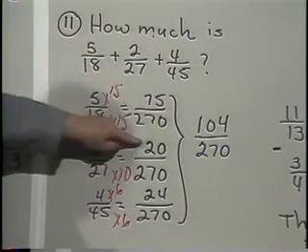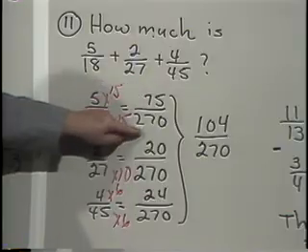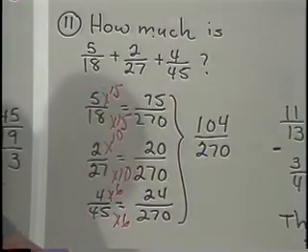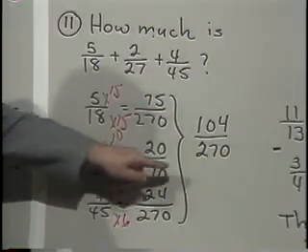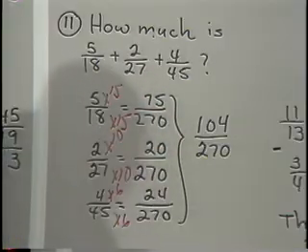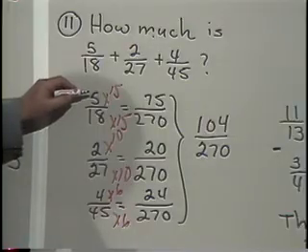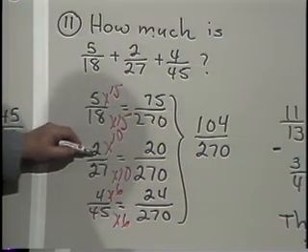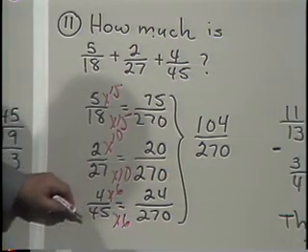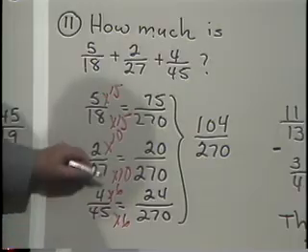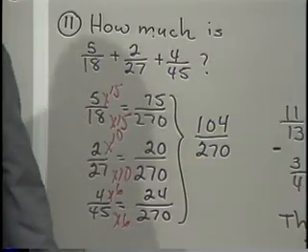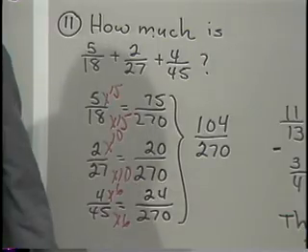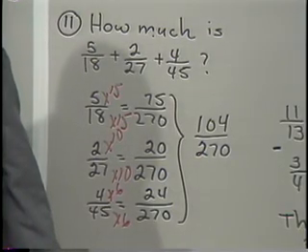Now you add the numerators, 75, 20, and 24 is 104. The common denominator is 270. So in other words, if somebody was paying 5 18ths of your expenses, and somebody else was paying 2 27ths of your expenses, and somebody else was paying 4 45ths of your expenses, altogether they would be paying what? $104, which is a whole number, out of every $270 that you spent.